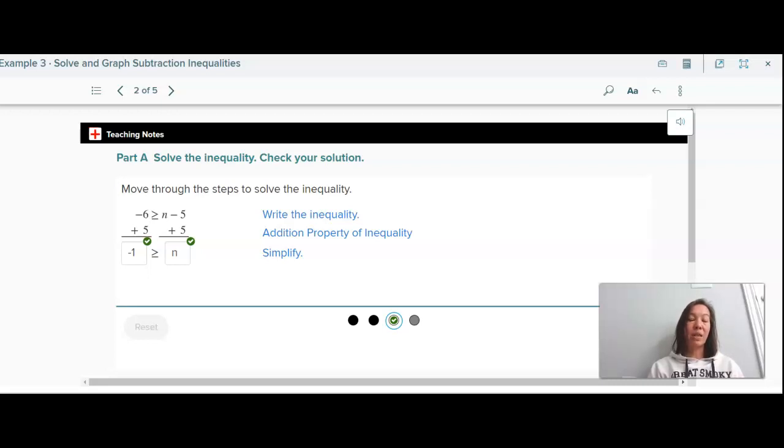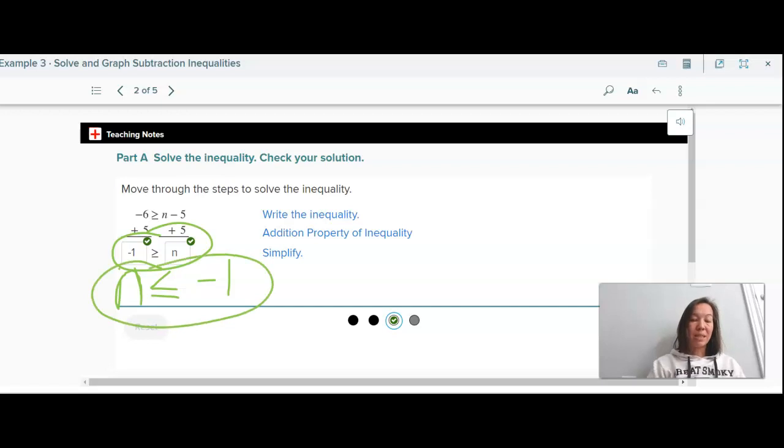So we kind of just have to reverse this whole thing. We would say that n is, since this is a greater than, I would have to flip this now, less than or equal to -1. So this and this mean the exact same thing. Either one is an acceptable answer, but this form with n on the left makes it a little easier when we want to make the graph.